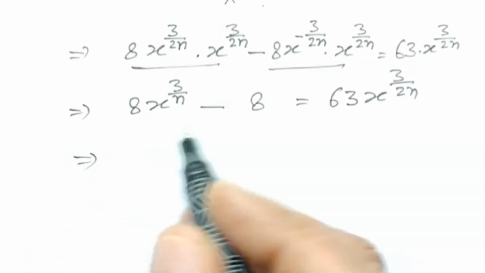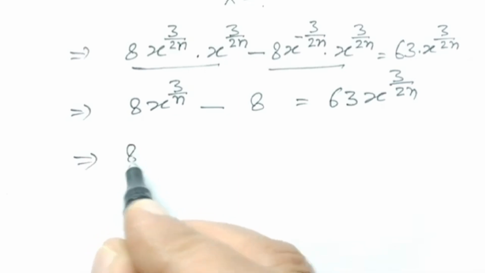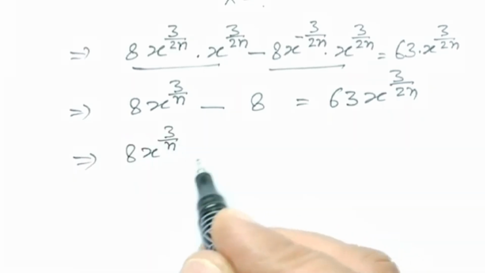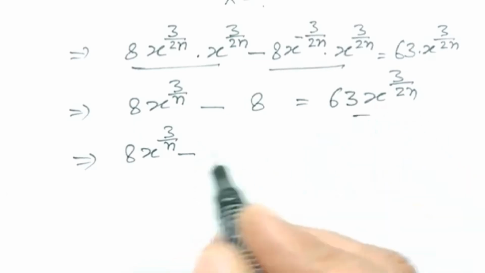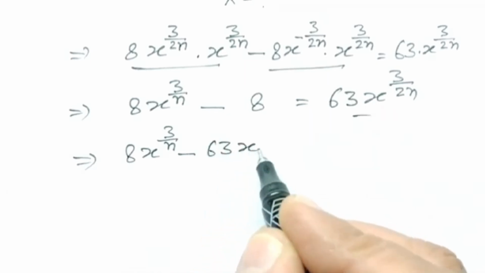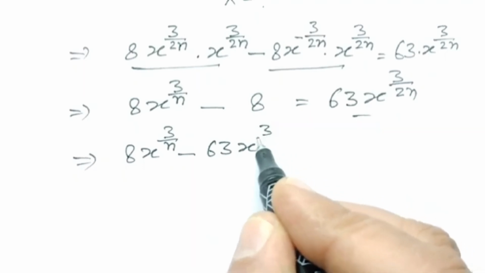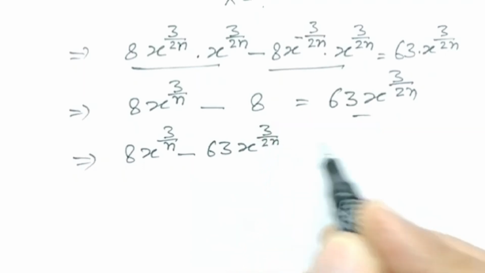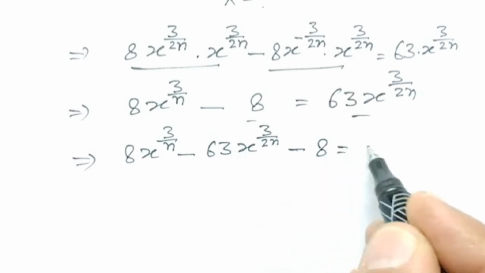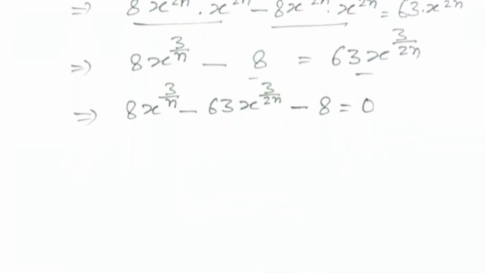Now if we rearrange the equation, 8x^(3/n) minus 63x^(3/2n) minus 8 is equal to 0.